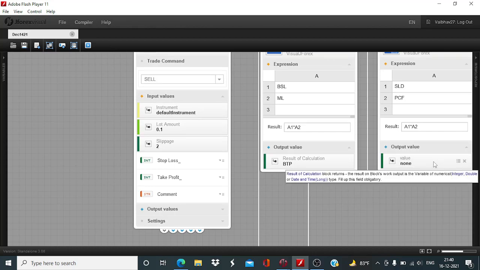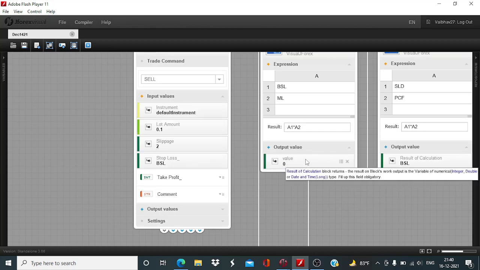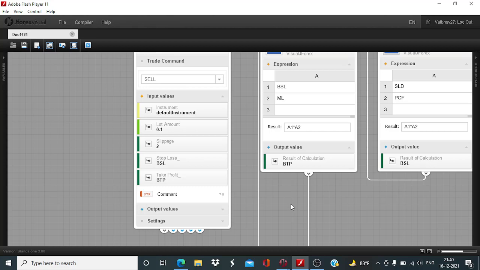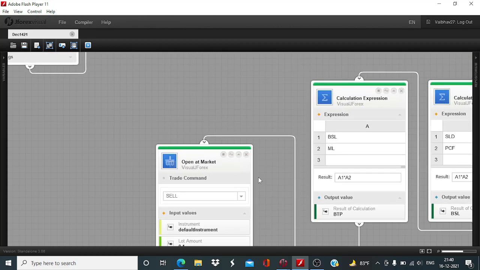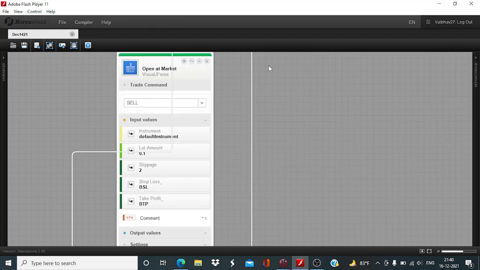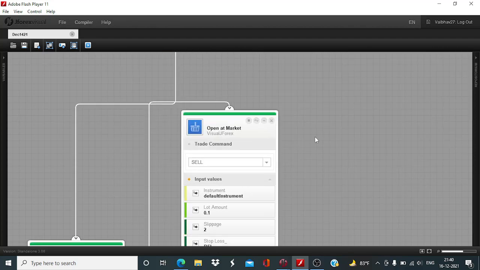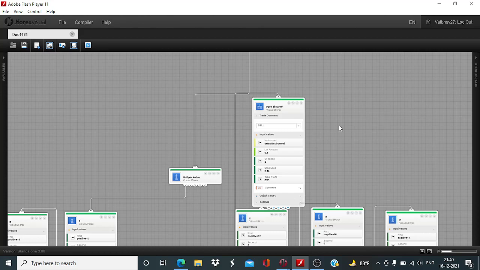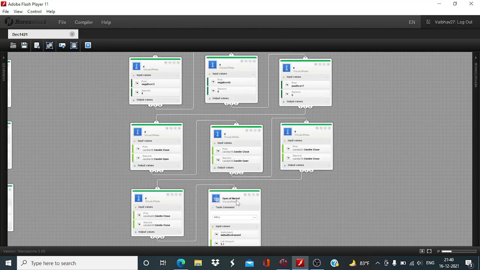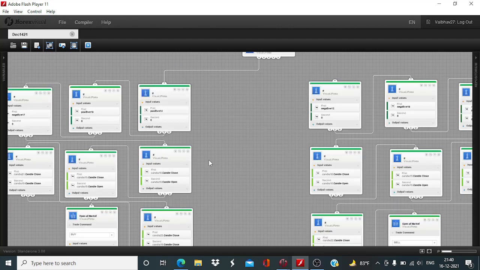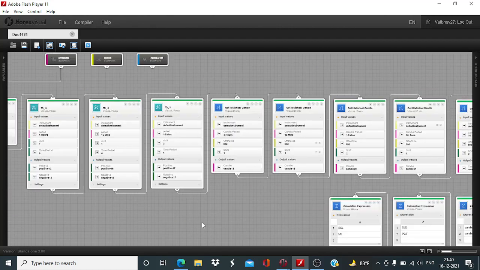So we will use these values. Okay, so this will make our algorithm more dynamic, and with this our job is mostly done, as we have defined these conditions for the execution of the trade.